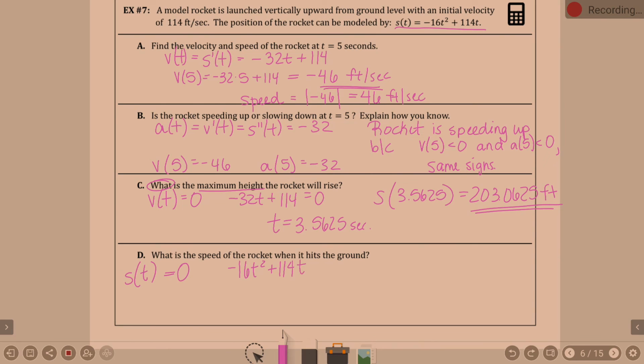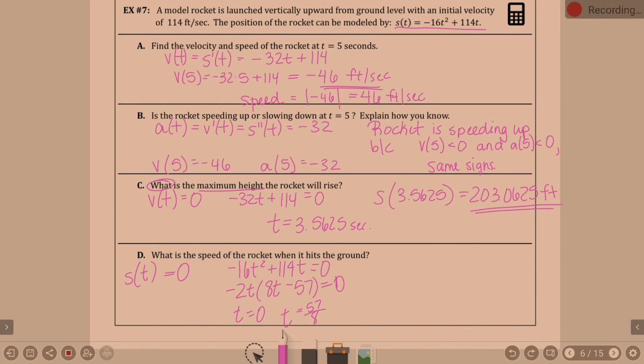I'm going to factor a GCF of negative 2t out. Then that leaves me with 8t minus 57. Set each factor equal to 0. You would get t is 0, and t is 57/8.